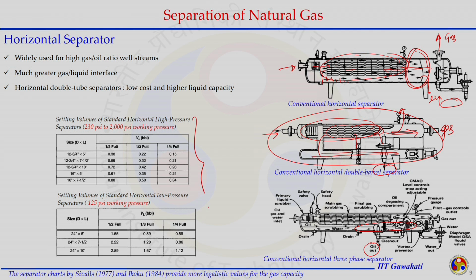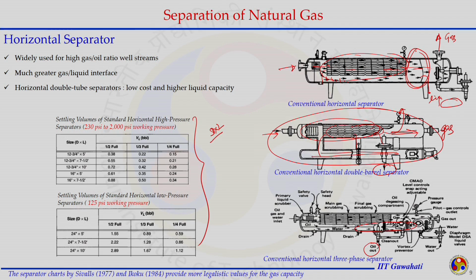As mentioned already, this kind of data is also available for the horizontal separator. Vendors can provide different options in terms of the diameter and length of the horizontal separator. Horizontal separators have some more features also, like they can be stacked very easily, and once after one we can have stage separation also.